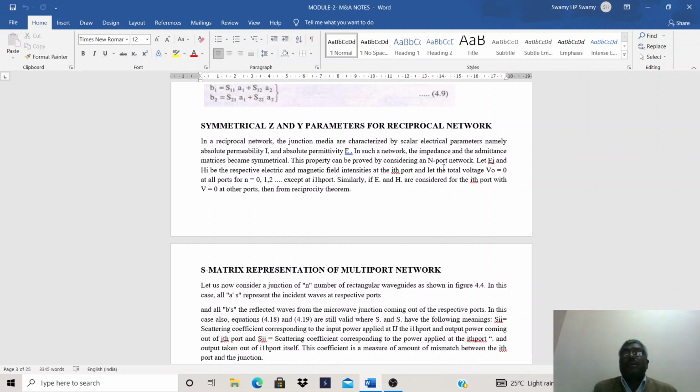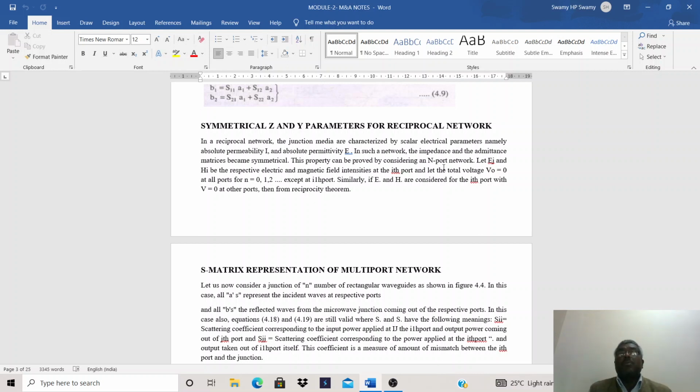In such a network, the impedance and admittance matrices become symmetrical.